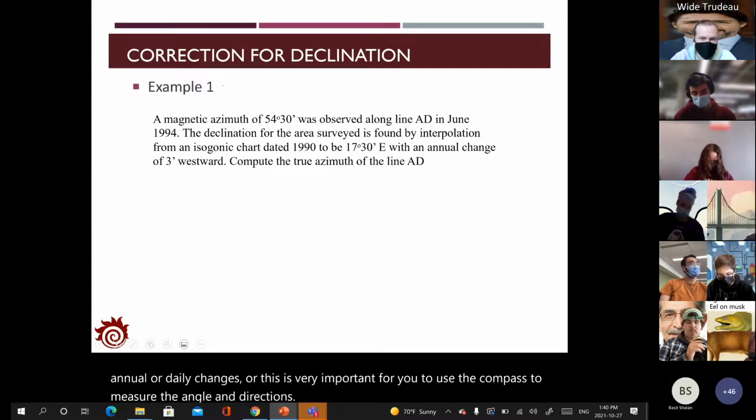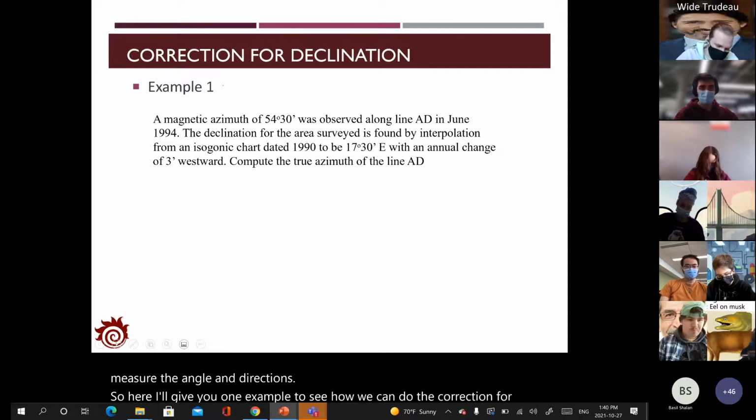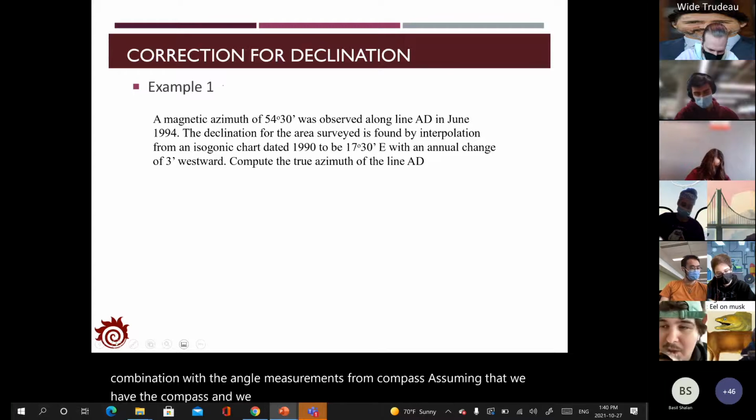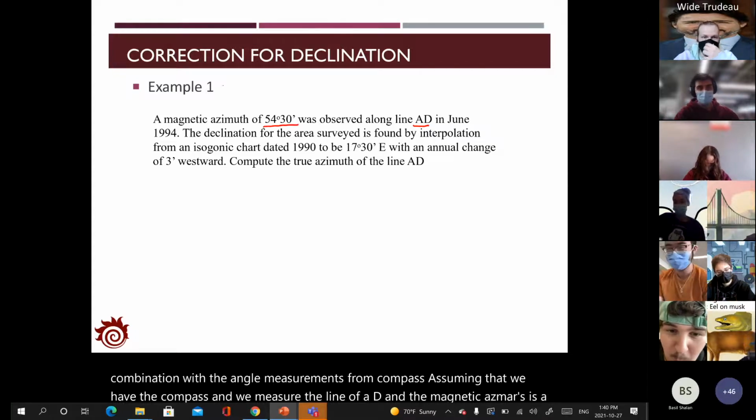So here I'll give you one example to see how we can do the correction for the declination with the angle measurement from the compass. Assuming that we have the compass and we measure the line AD, and the magnetic azimuth is 54 degrees 30 minutes.